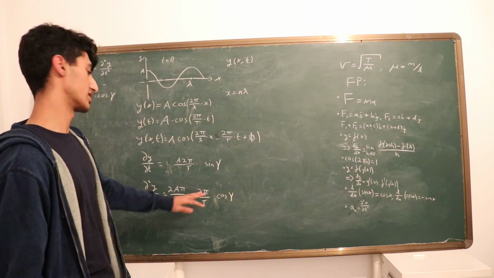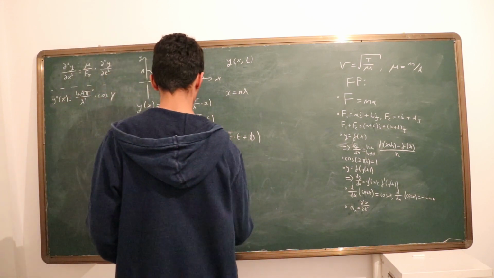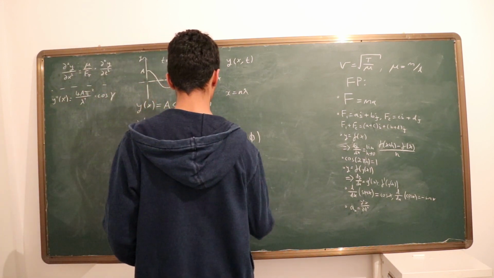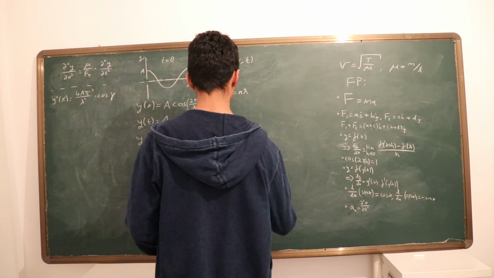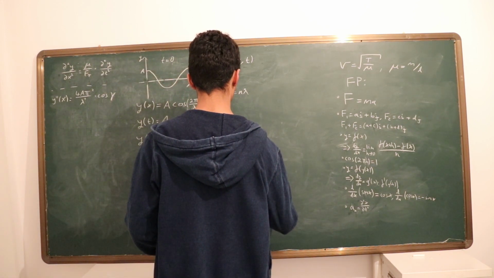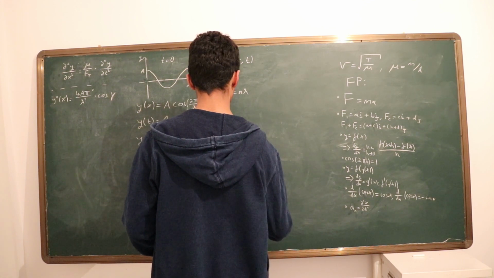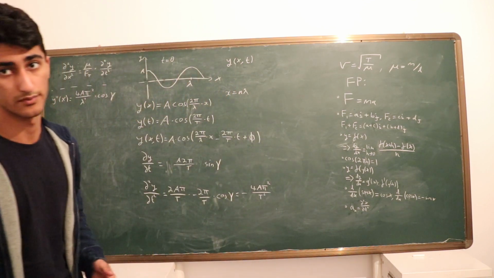Okay, so let's clean this up quickly. It's going to be minus 4 on t squared, where t is the period.